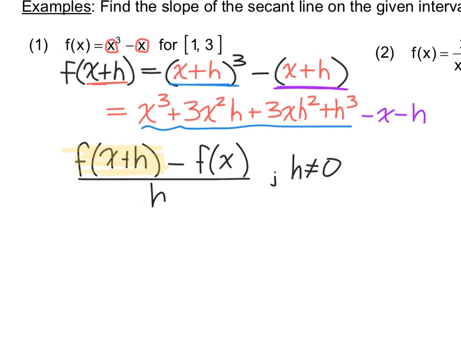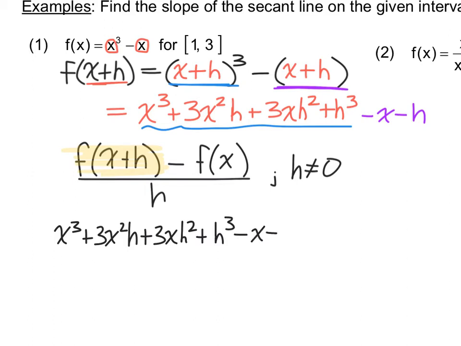So I have to write in all that beef. So x cubed plus 3x squared h plus 3xh squared plus h cubed minus x minus h. Then on top of that, I have to subtract off my original f of x. That original f of x is x cubed minus x.